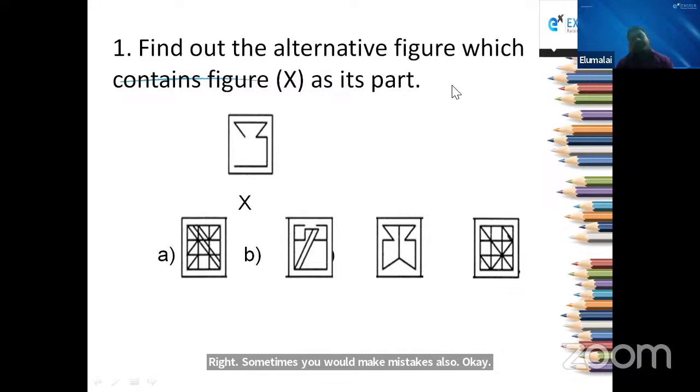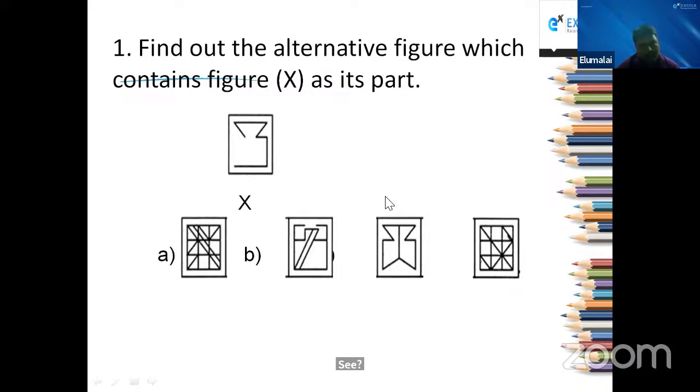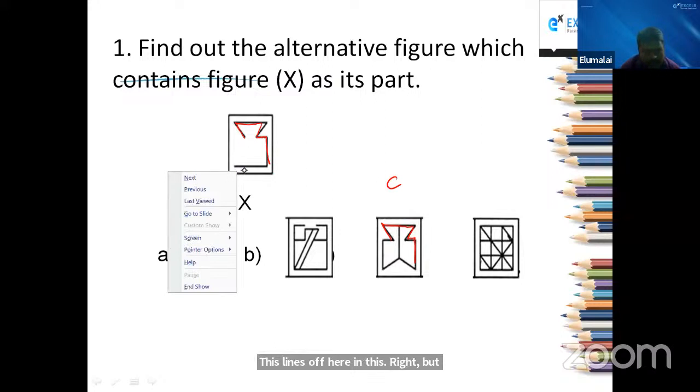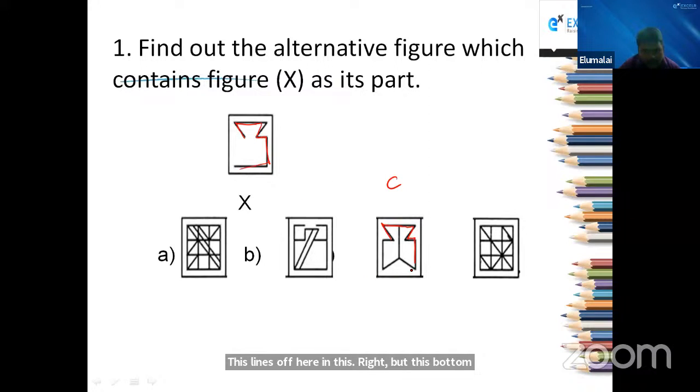See, here most of you have answered C. See, all these lines must be here. So if we see this, these lines are here in this. But this bottom has a straight line, right? But here, do you have a straight line there? No. Then this cannot be the answer.